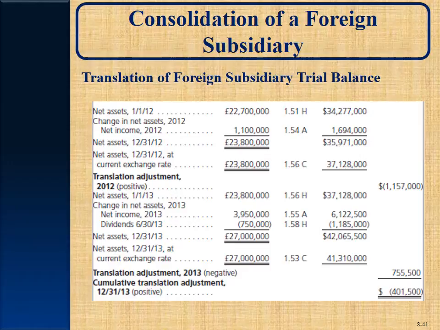So the net assets at December 31st, 2012, $35,971,000. The net assets at the current exchange rate on December 31st, 2012 would have been $37,128,000, which leads to a positive translation and an increase in value, really, of $1,157,000.